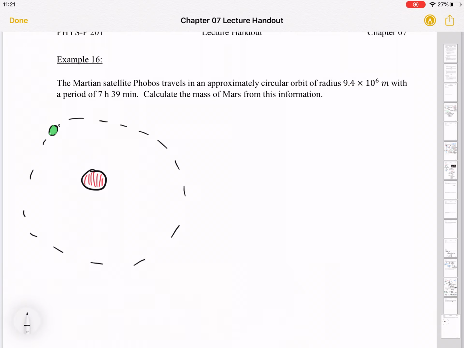That's not a circle, but that's okay. And we know an orbital radius of 9.4 times 10 to the 6 meters, which is just a little bigger than the actual radius of the Earth, which gives you a sense of the scale of the size of Mars, right? Again, I didn't draw this to scale, but that's okay. And we're given an orbital period of 7 hours and 39 minutes.